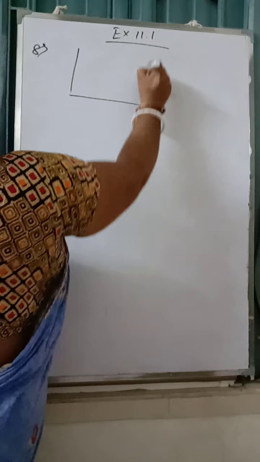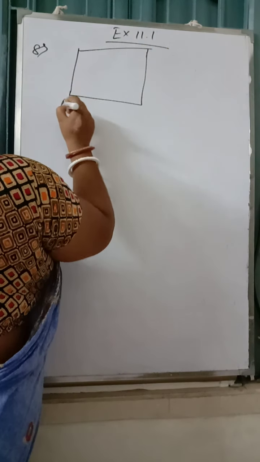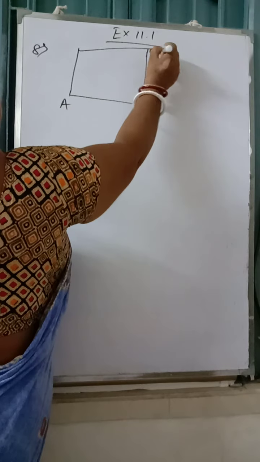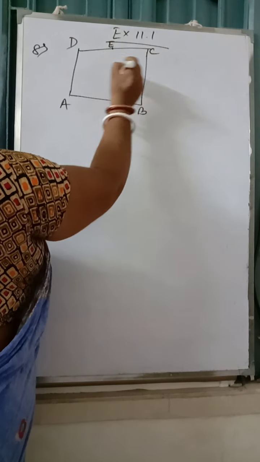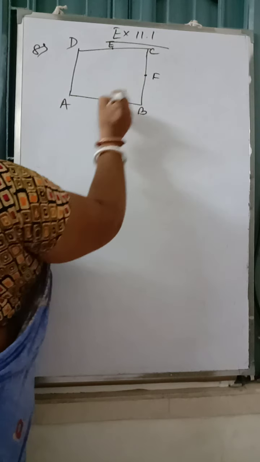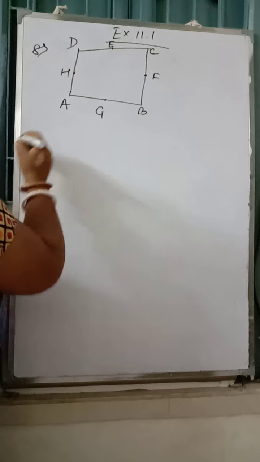Now I am constructing a quadrilateral A, B, C, D, in which E, F, G, H are midpoints.